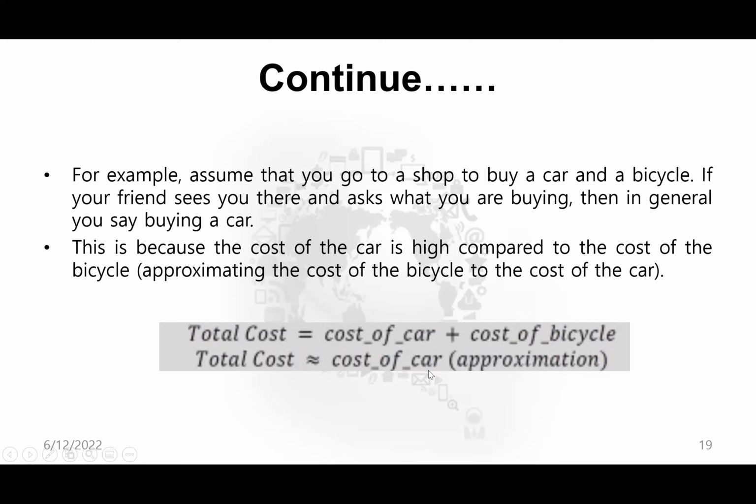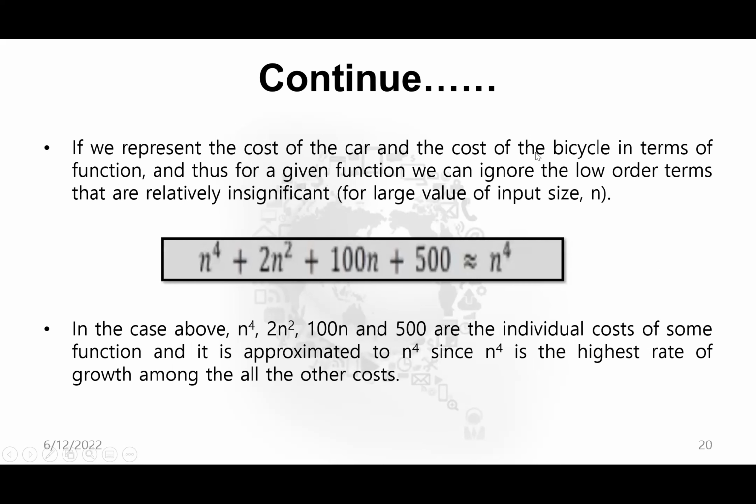For example, let's say the cost of the car and the bicycle we measure in terms of a function. Let's say our function is n power 4 plus 2n power 2 plus 100n plus 500. At the end, we will just look at the highest order term among all the terms in your original function, which is n power 4, because n power 4 is the highest growth rate among all the other costs.